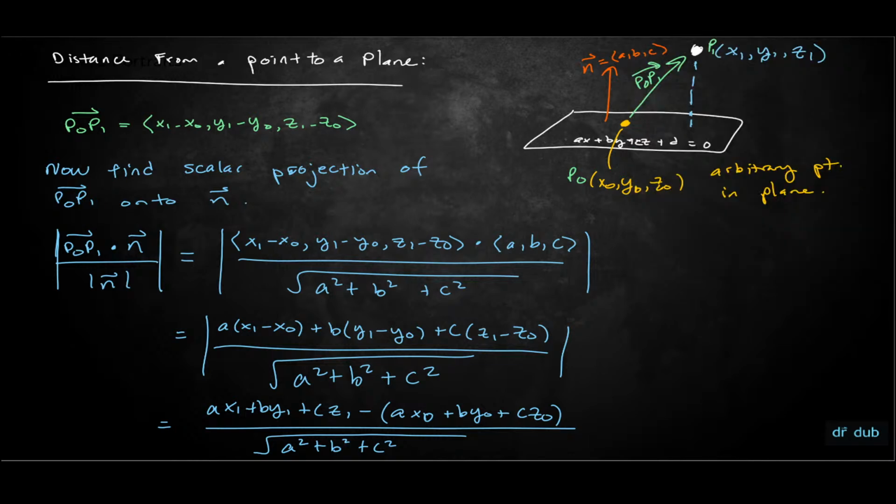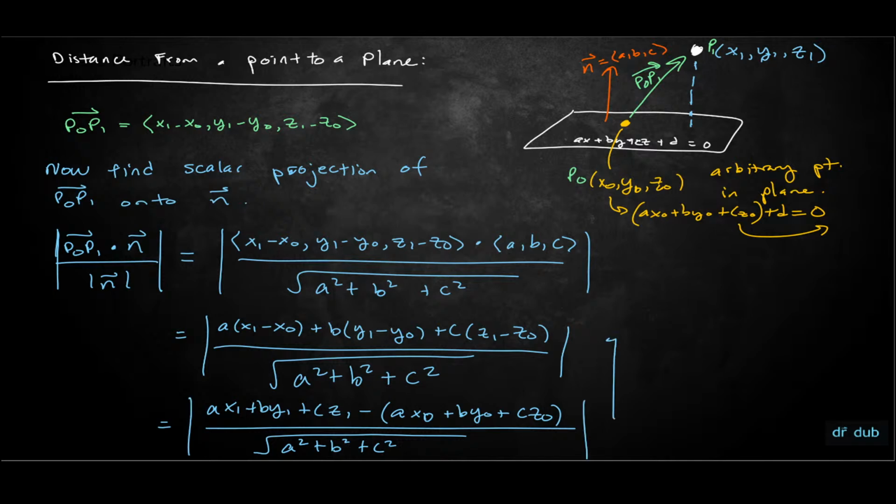But one thing to note is that since this point is in the plane, we can say that ax0 plus by0 plus cz0 plus d equals 0. So if I subtract these three to the right hand side, that's just a positive d. So I dropped my absolute value again. Whoops.